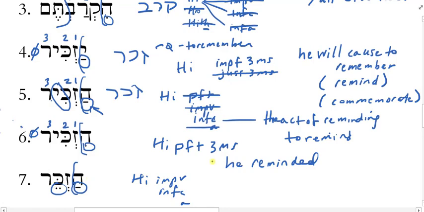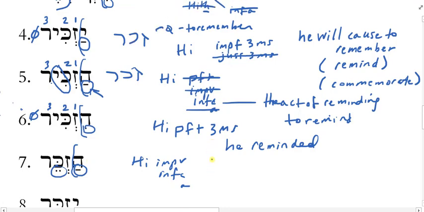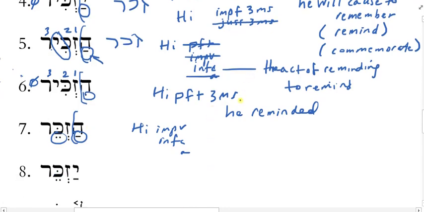Now I look at the theme vowel. Which one of these can that be? Imperative or absolute. It cannot be the infinitive construct because that has a hireq yod in the middle, right? So if it's imperative, what does the 0 ending mean? Second, masculine, singular. And I would translate this as remind, okay, as a command. If it's the infinitive absolute, I'll just translate it like an infinitive.